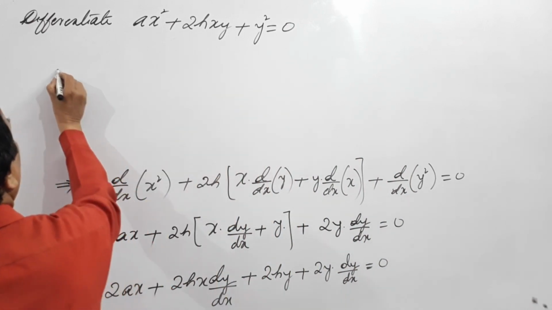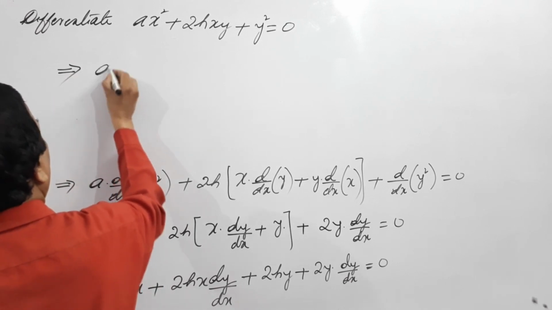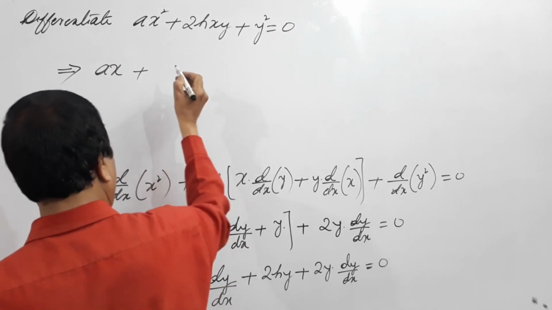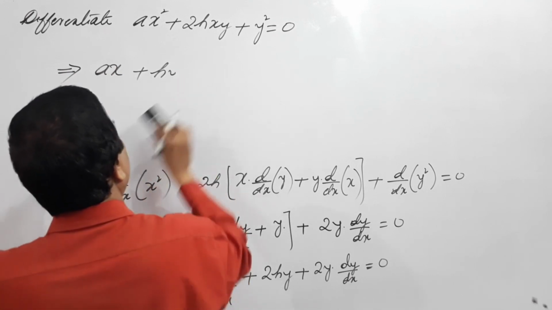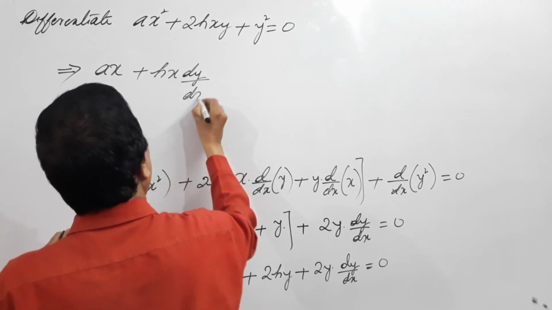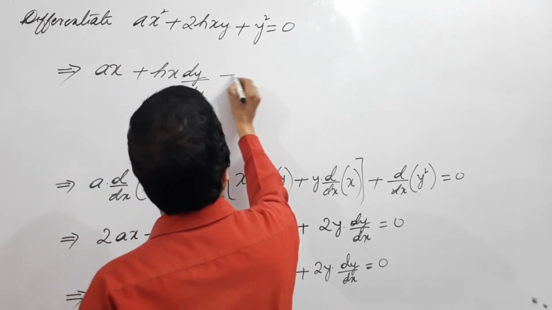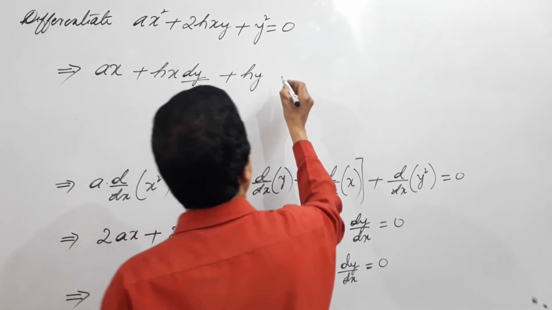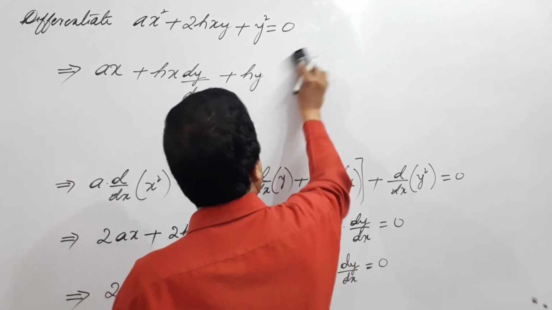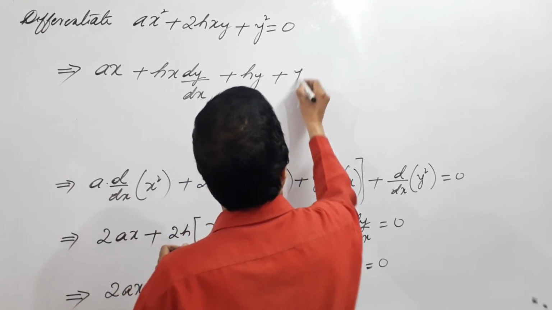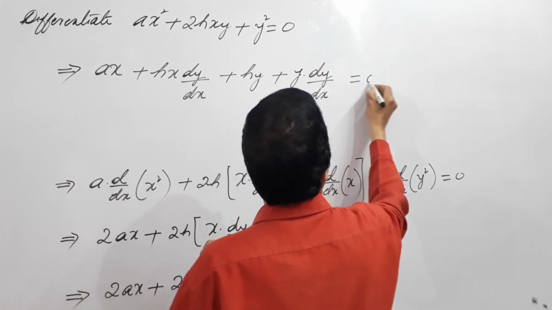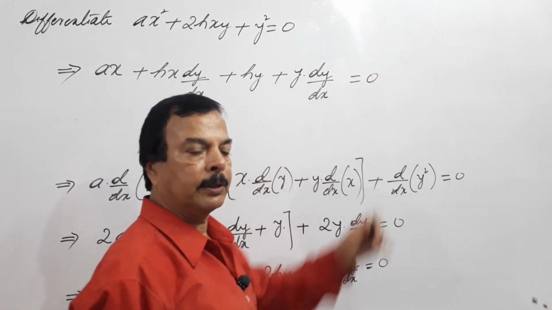We are left with what? ax plus hx dy by dx plus hy plus y into dy by dx equals to 0, because if you divide 0 by 2, it is 0 only.